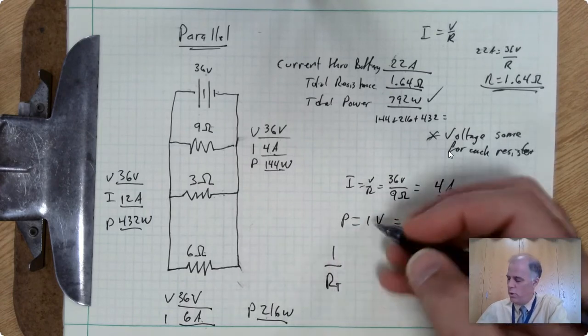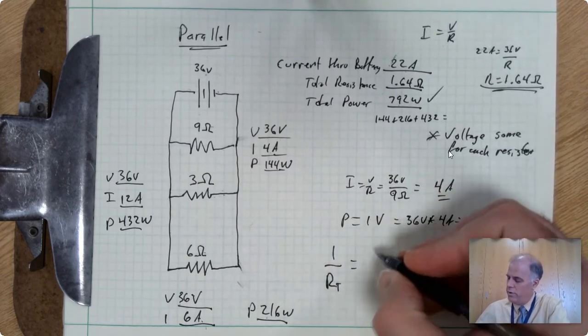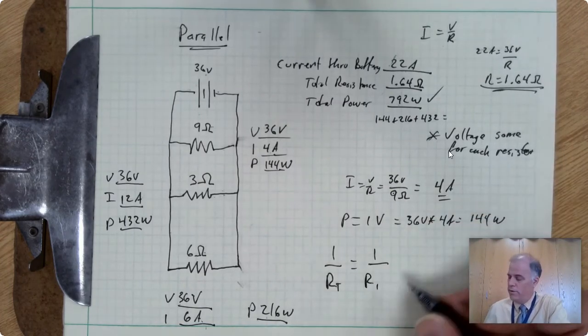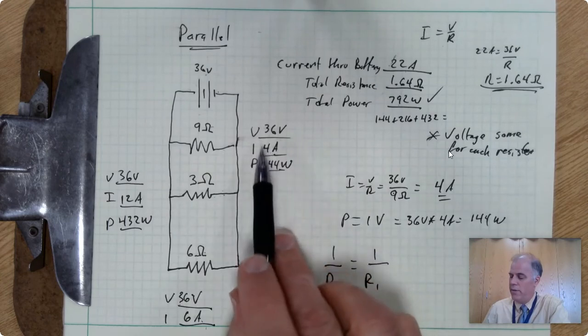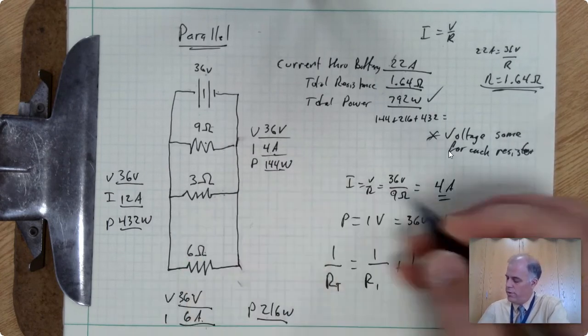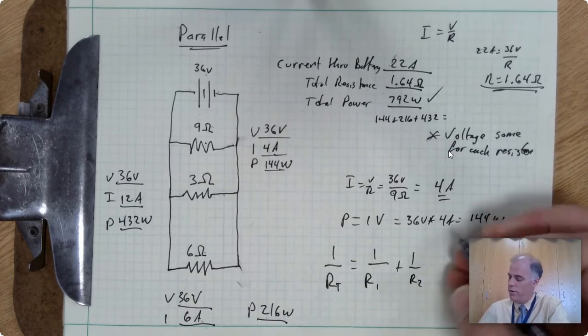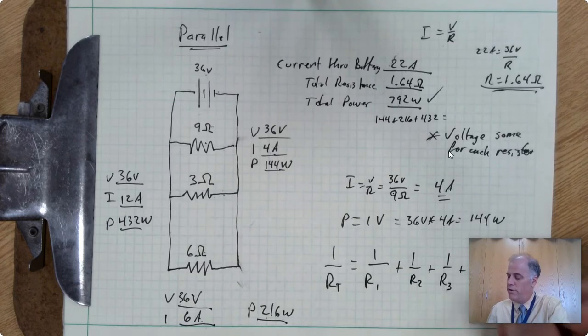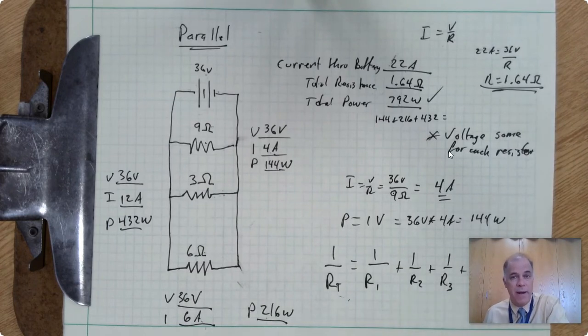So the inverse of the total resistance is equal to 1 over R1, so 1 divided by the resistance of the first one, plus 1 over R2, plus 1 over R3, and so on for as many resistors as you have in parallel.